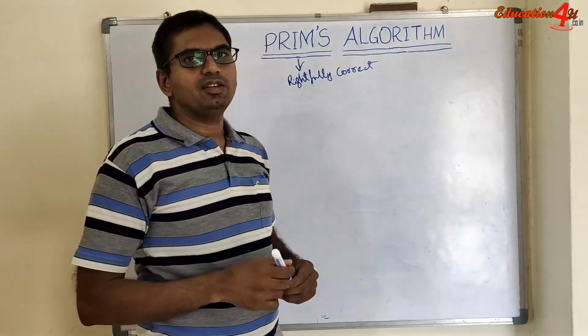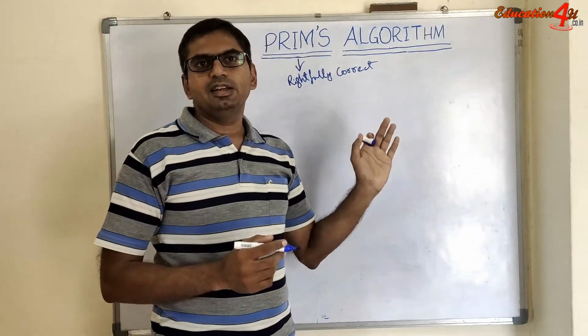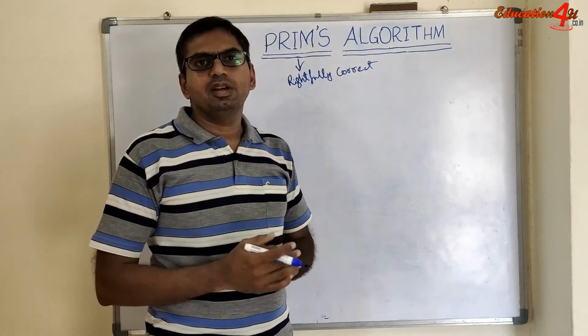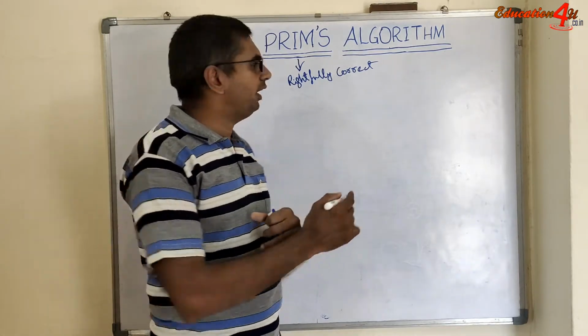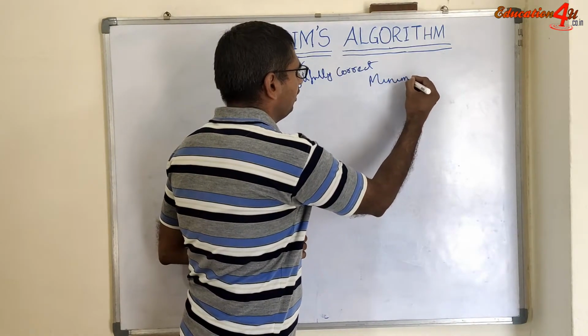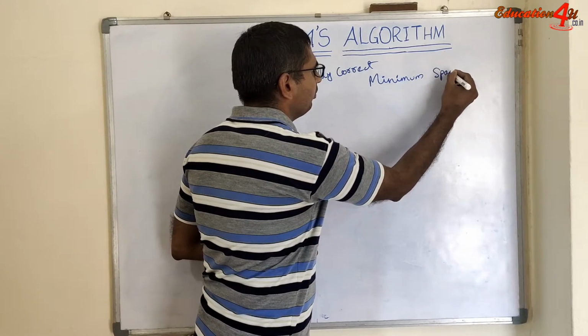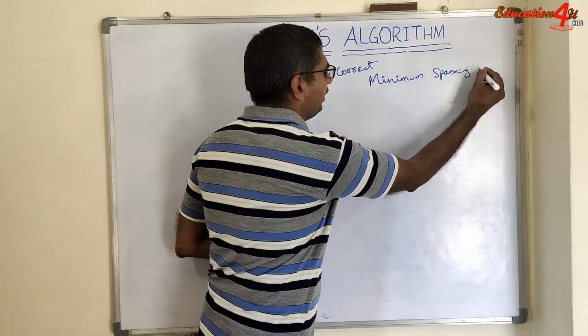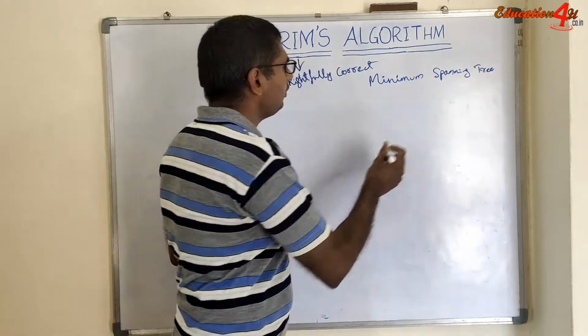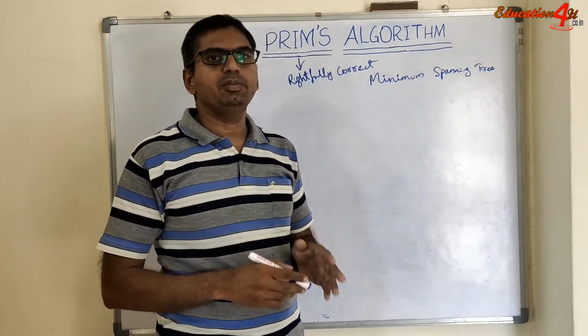Prim's algorithm is basically an algorithm which is used to find out minimum spanning tree. So there are two algorithms to find out minimum spanning tree.